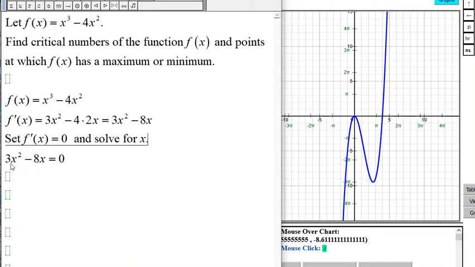To solve this for x, we have a common factor x, so we can factor it out. So it'll be x times 3x minus 8 equal to 0. So this means that x is equal to 0, or 3x minus 8 is equal to 0.